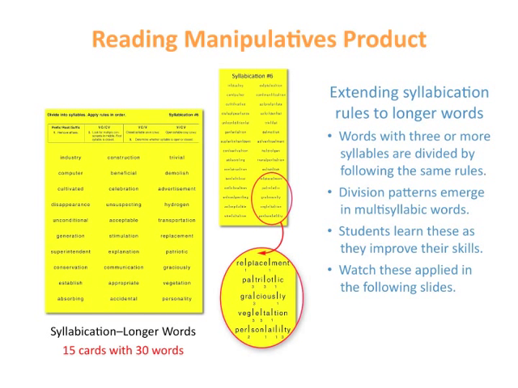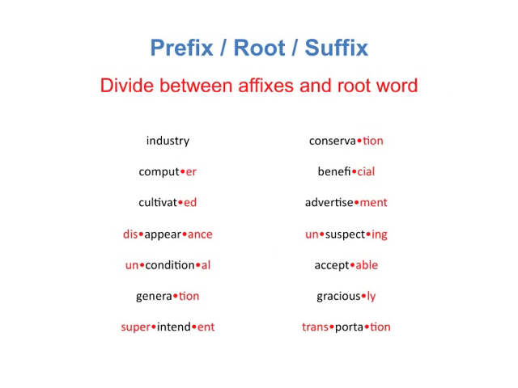Multisyllabic words are divided into syllables by applying the same rules. Division patterns emerge in these words, and students will learn these as they improve their skills. Watch these applied in the following slides. First, divide off the prefixes and suffixes. Remember, these supersede the other rules.